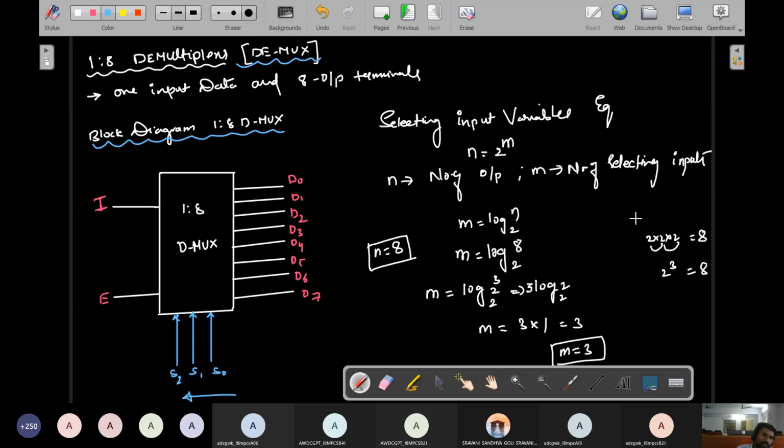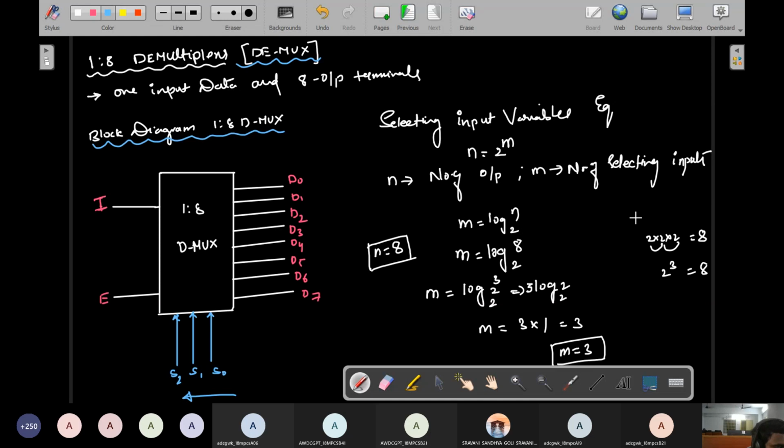For the 8 possible combinations, I simply apply one trick. For the first column, always consider 4 zeros and 4 ones. For the S1 terminal, consider 0 0 1 1 0 0 1 1, like that. And for S0, it is 0 1 0 1 0 1 0 1. It is a shortcut to write the 8 combinations.